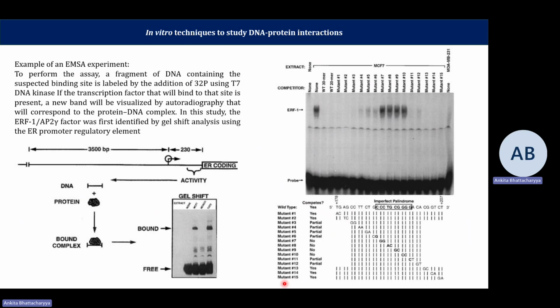However, for mutants 13, 14, and 15, as well as mutants 1 and 2, you see a complete loss of this interaction. That implies that this central region is crucial for the binding and therefore needs to be taken further for study.